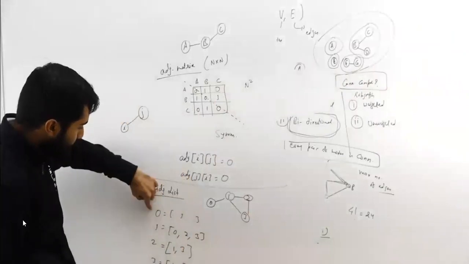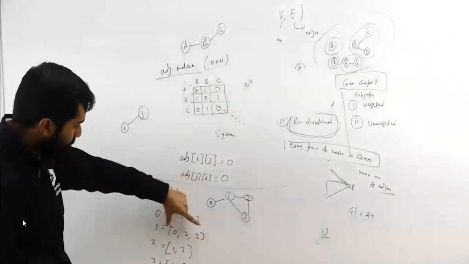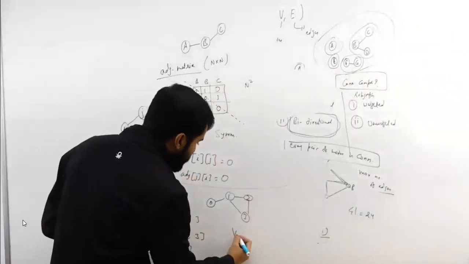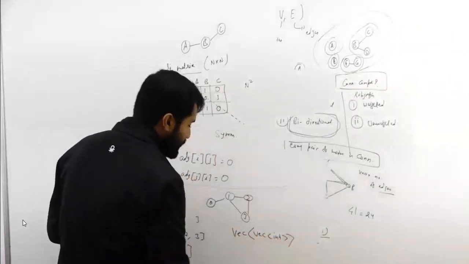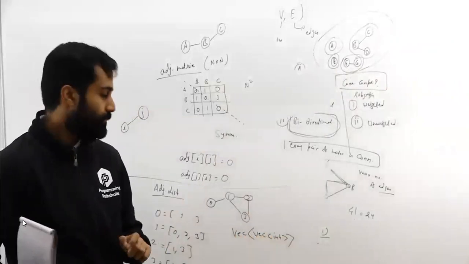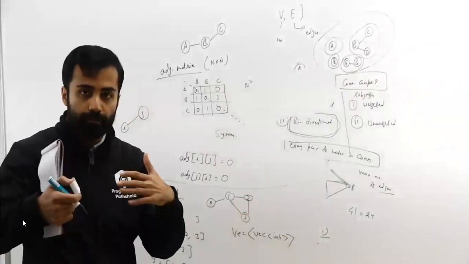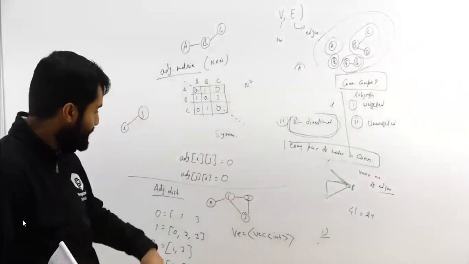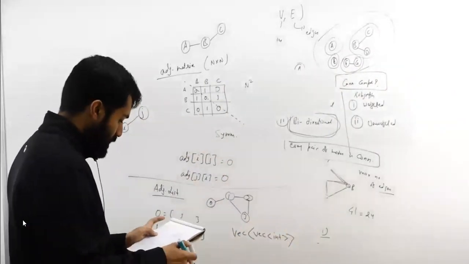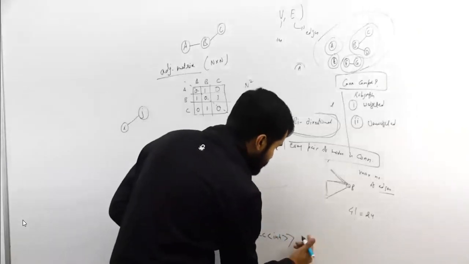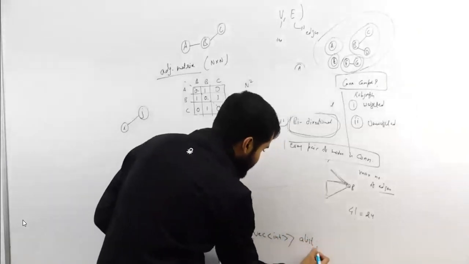Like here for 0, the list is of size 1. For 1, the list is of size 3. So you can prefer to have a vector of vector. Why? Because vectors are dynamic. So because they are dynamic, you can make sure that the first list has a random size and the second list has a different random size. So you can have an adjacency list like that.